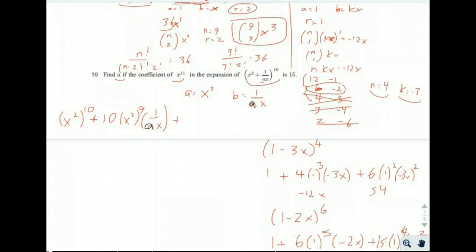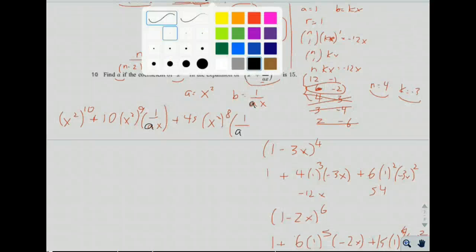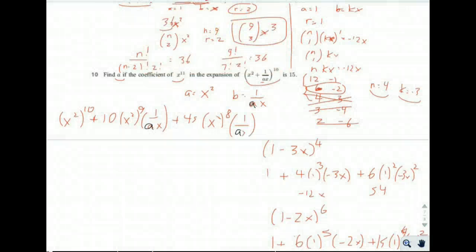And then the next term is going to be 45 x squared to the 8th, 1 over a to the x squared. Okay, and let's see if we have x to the 11th yet.